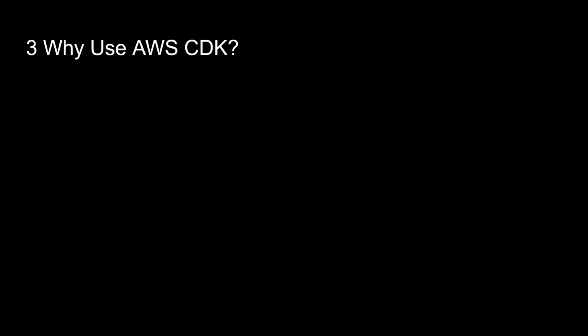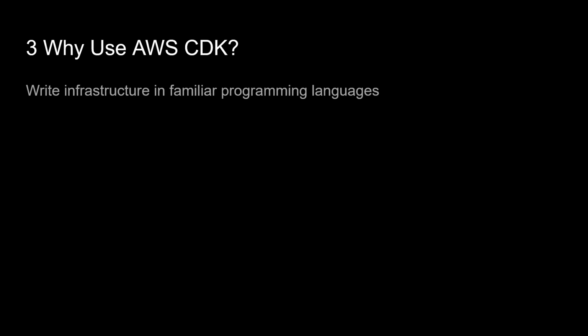So why use the AWS CDK? The main advantage is that you're writing infrastructure in a general purpose language like TypeScript rather than a static markup format like JSON or YAML. That means you can use functions, loops, and variables, just like you would in any other application code.